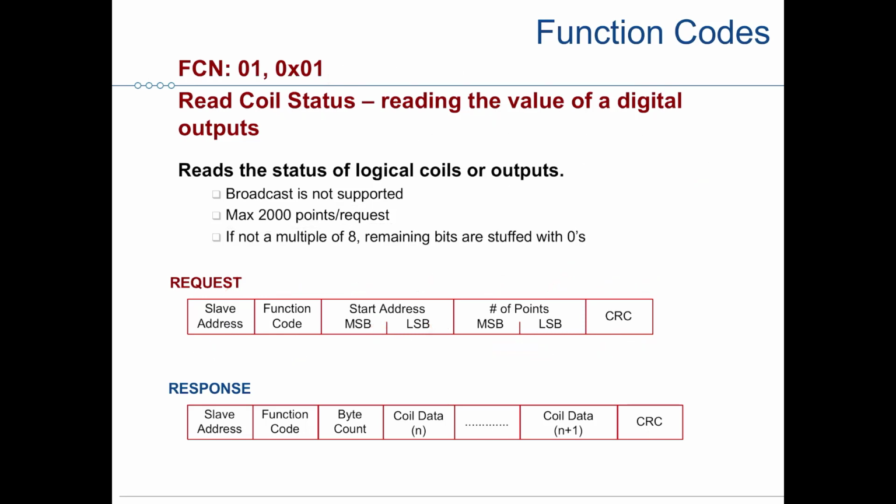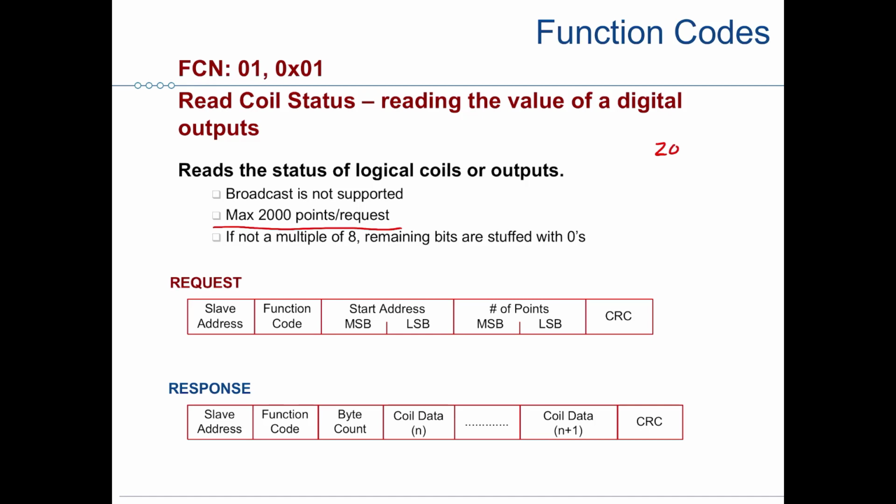Okay, so now let's look at the response for a 01. Remember, the maximum points that can be returned are 2,000. And that was indicated here when we looked at maximum points, 2,000. That's where each point is a single bit. So let's first of all figure out how many bytes it would take to report back 2,000 points.